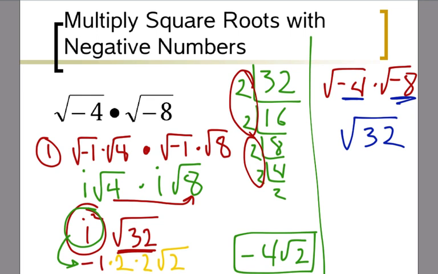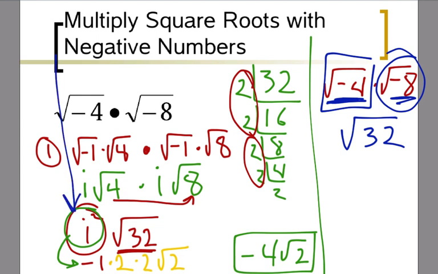Well, you can't do that, because this doesn't exist, and this doesn't exist yet. Therein lies the problem. I can't actually do this problem until I pull out an i. So be careful. Make sure you pull out the i first before you do any multiplication. So again, first thing you have to do is pull out your i's for each problem before you multiply. The other way, the second way, will be the wrong answer.